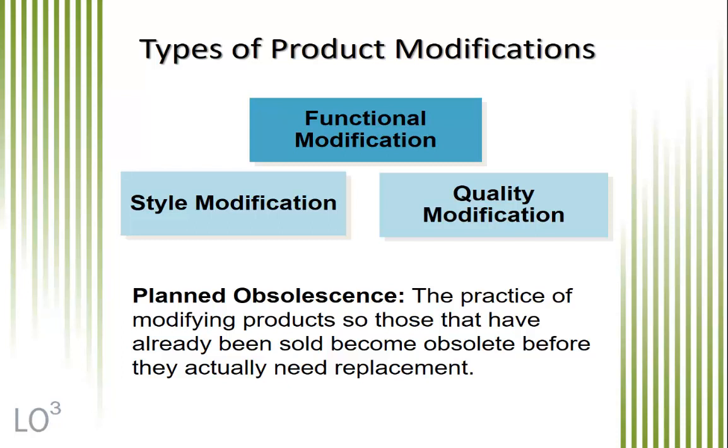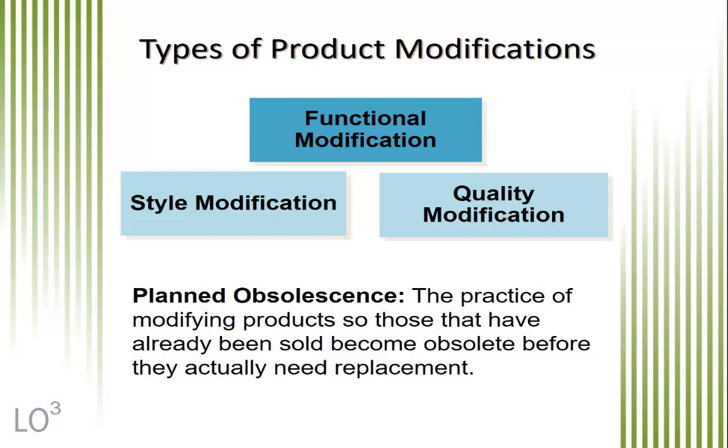It can be quality modification, in terms of changing a product's dependability or durability. Second, functional modification, a change in a product's versatility, effectiveness, convenience, and safety. Lastly, style modification, an aesthetic product change, like colors, rather than a quality or functional change.